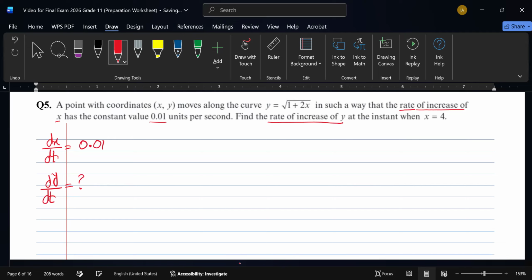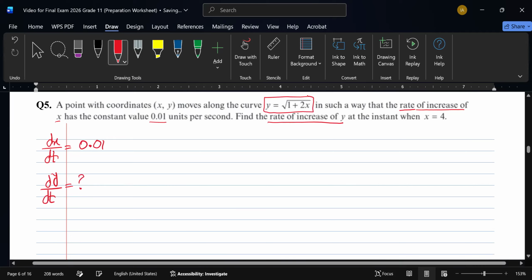But the problem is the equation they mentioned here has no connection at all with time. That's why in such a case we use the chain rule. The chain rule says dy/dt is equal to dy/dx times dx/dt.